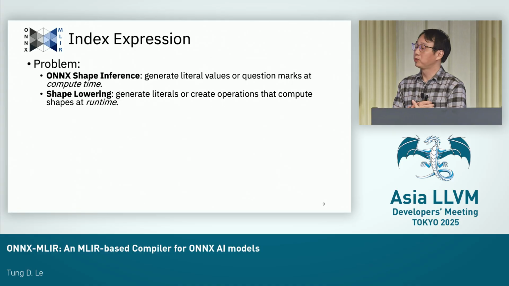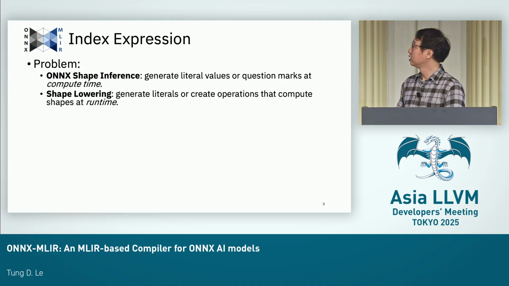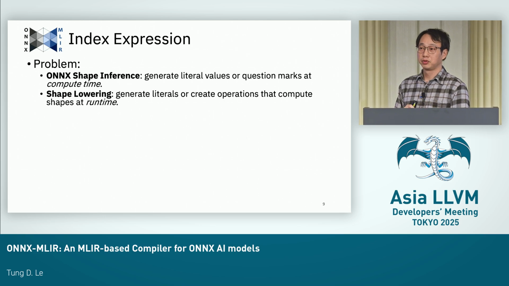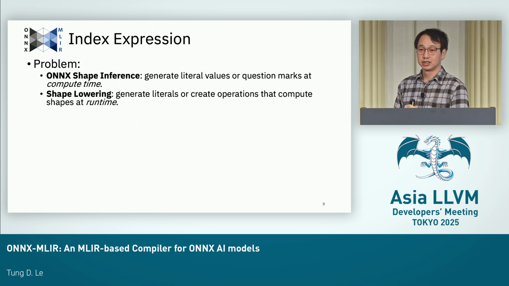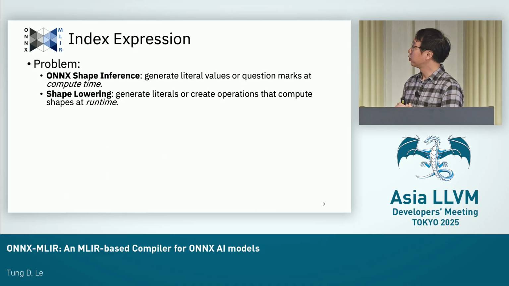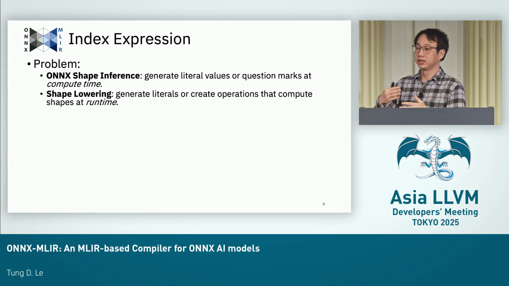There was one problem we faced when generating code. We have 2 places that require the same computation, one at compile time and one at runtime. For an ONNX operation, we want to do the shape inference. This is the compile time computation.